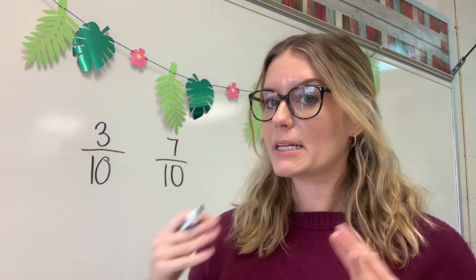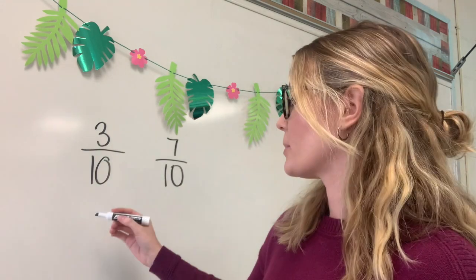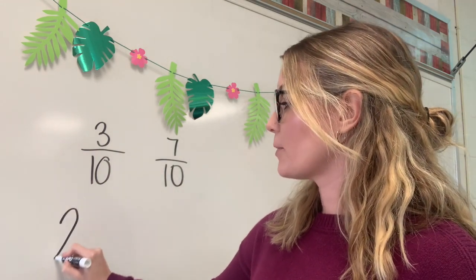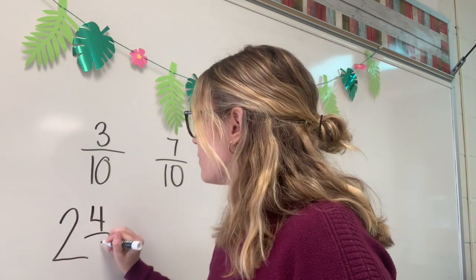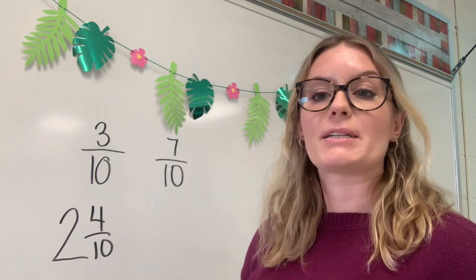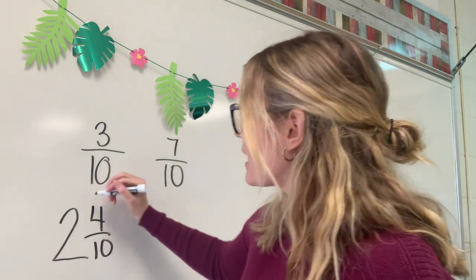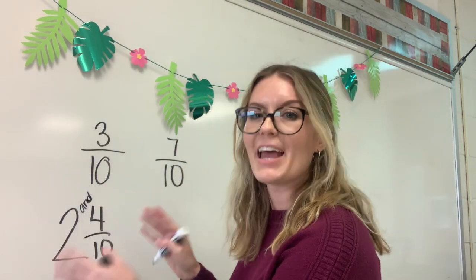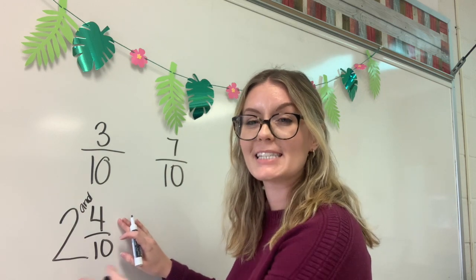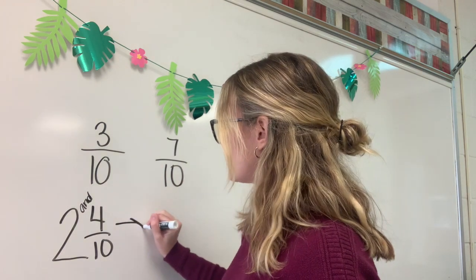So that's why it's called a mixed number, because it has two different types of numbers. So a mixed number example would be a whole number of 2 with a fraction. So we would say 2 and 4 tenths.